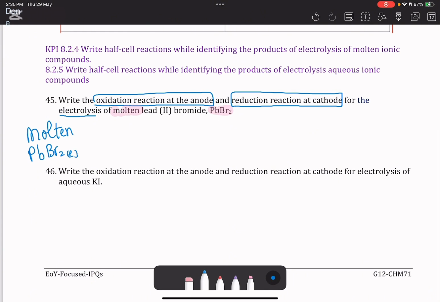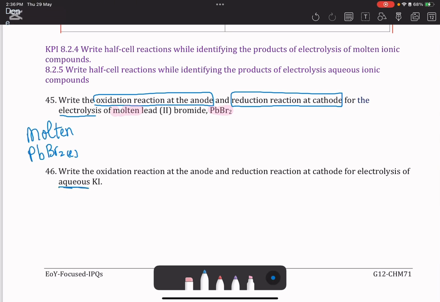if it's molten, you do not think about hydrogen gas and oxygen gas obtained at the cathode and at the anode. There is no such option. These options, you only think about them when we are talking about the electrolysis of aqueous, which is the next question over here.